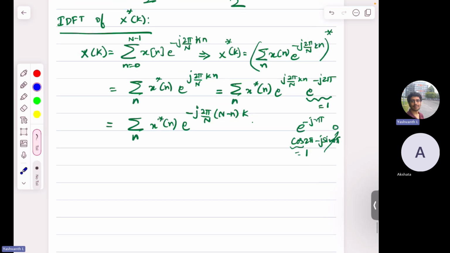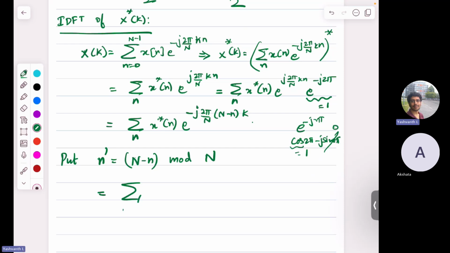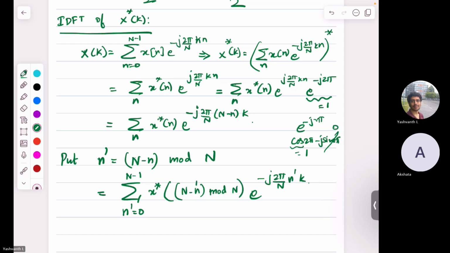Now I will tell you something. Define another number n dash as N minus n mod N. You can show that with this change of variables, the above summation becomes the summation n dash equal to 0 to N minus 1 of x conjugate of (N minus n dash) mod N into e power minus j 2 pi by N into n dash k.